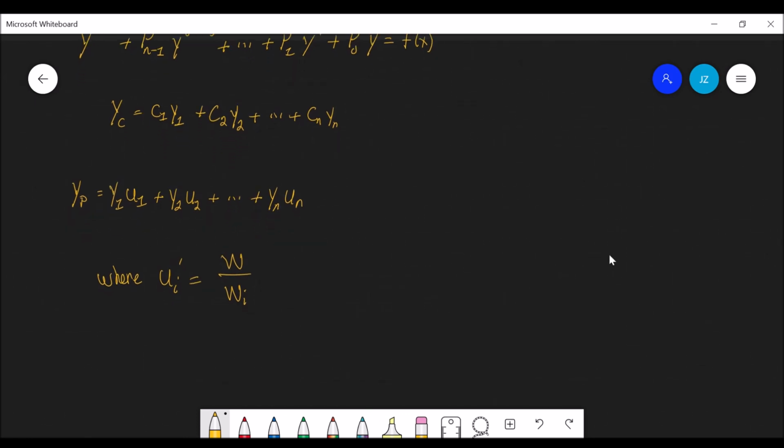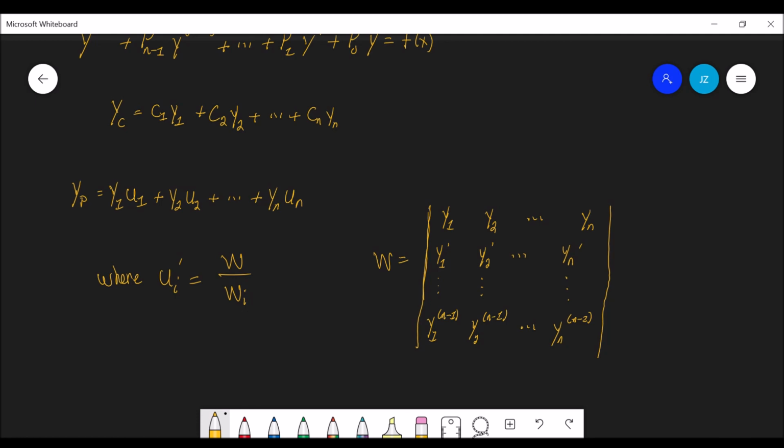In this case, w is still the Wronskian, so it'd be y1, y2 through yn, y1 prime, y2 prime through yn prime, until we get to the n minus first derivative of y1, the n minus first derivative of y2, and then the n minus first derivative of yn.